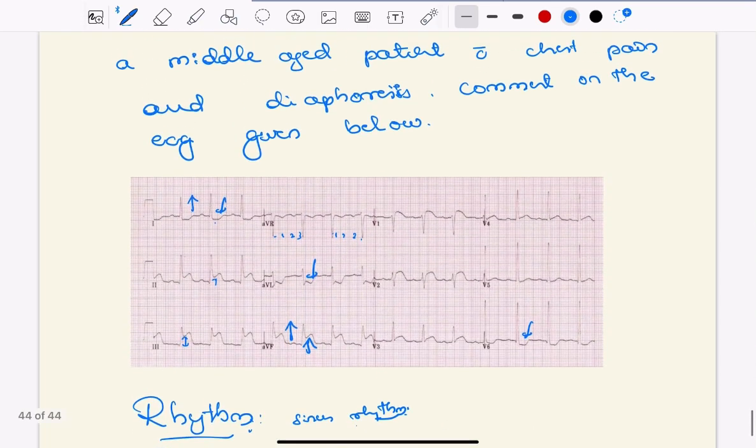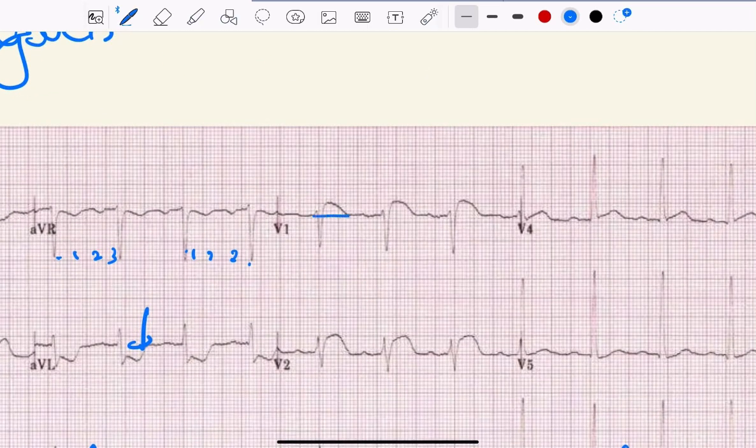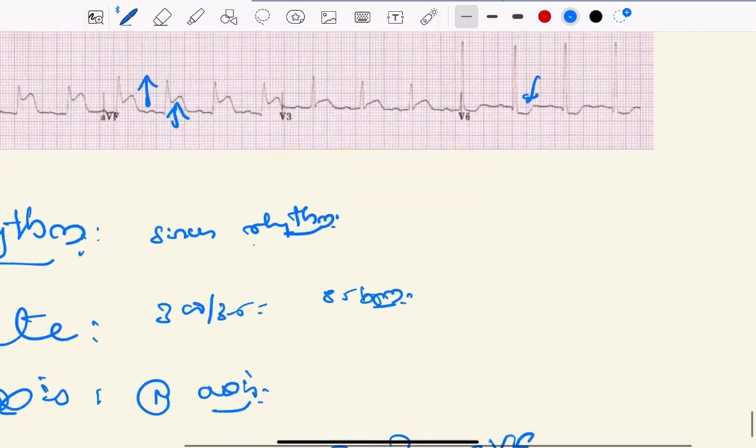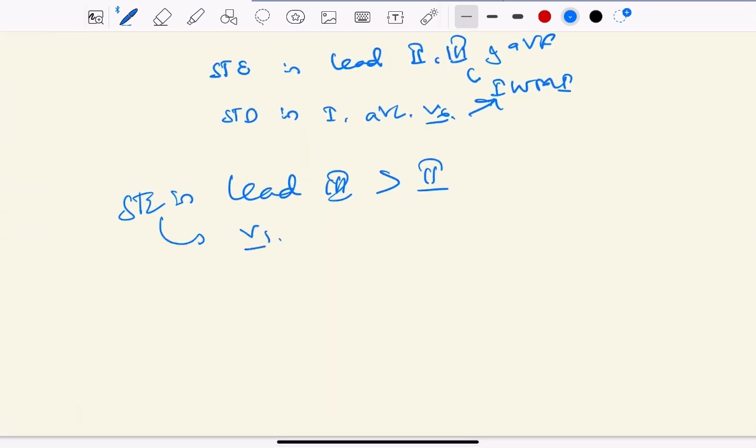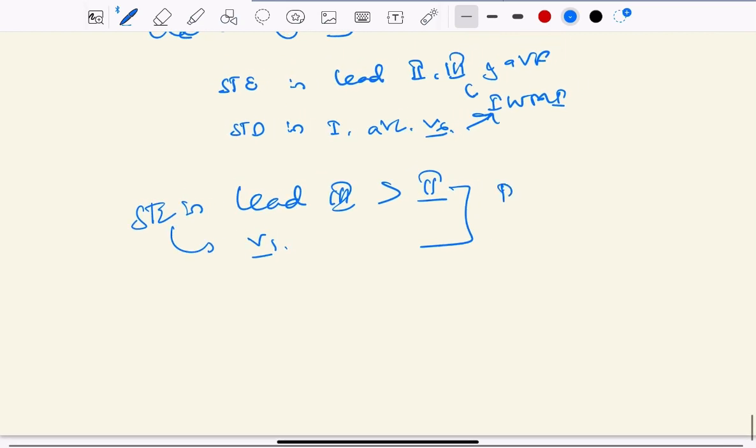And see, there is one more thing. In lead 1 there is ST elevation, and in lead 2 also there is ST elevation. These 2 points: ST elevation more in lead 3 compared to lead 2, and ST elevation in V1, suggest right ventricular involvement.